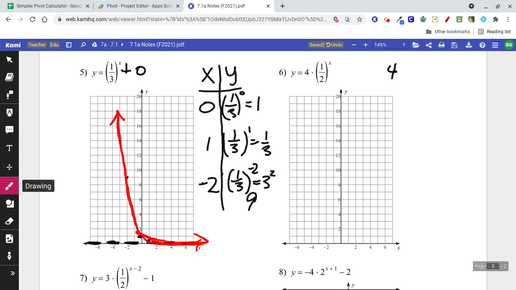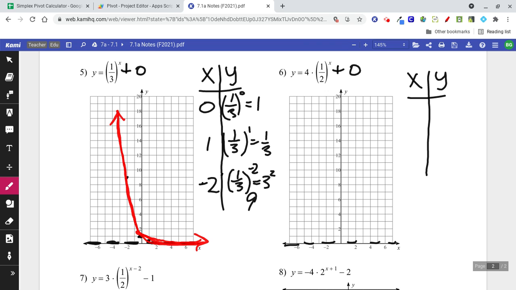The next one is definitely going to be another decay problem. I see +0, so that's where my horizontal asymptote is, at 0. If I plug in 0, I'd have 4 times 1/2 to the 0 power.